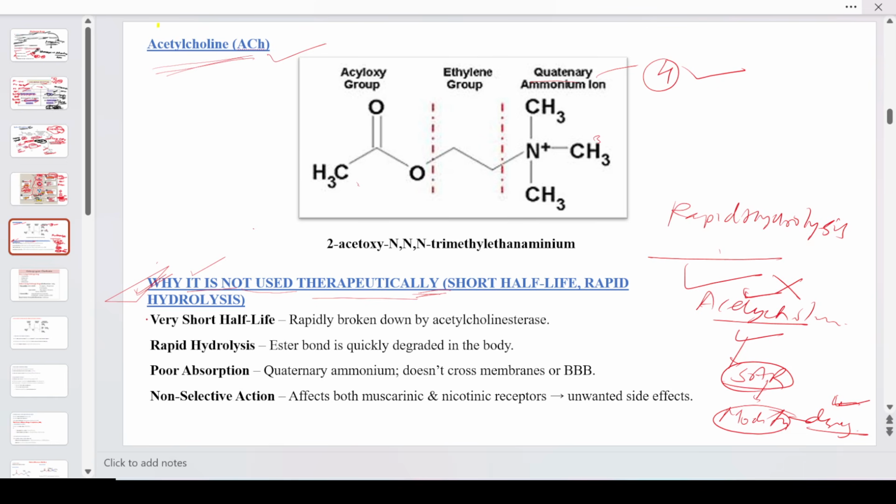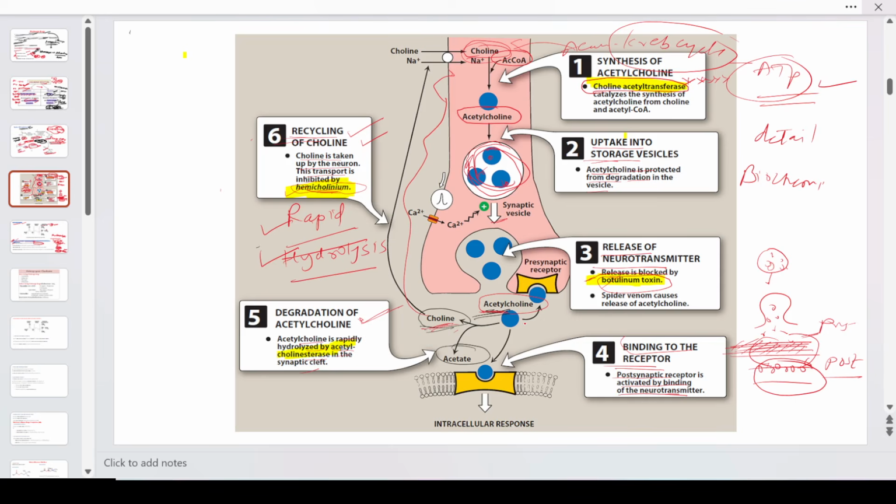Because it is having very short half life, it is broken down by this acetylcholinesterase. Okay, इसको कौन इनिबिट करता है, ये लास्ट में हमने पढ़ा इधर। ओके, so this degradation by acetylcholinesterase.